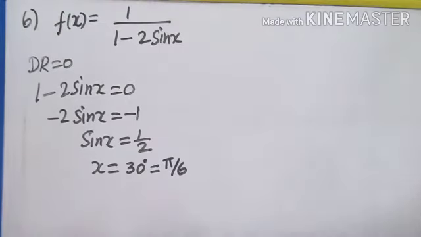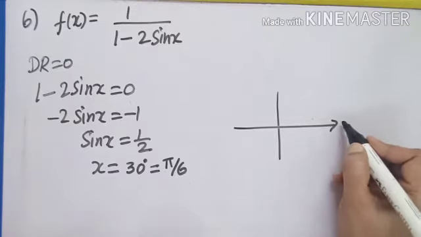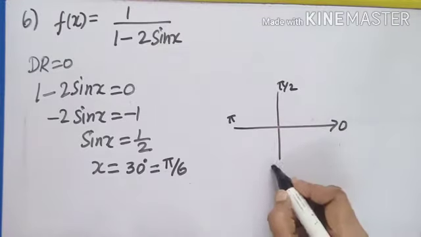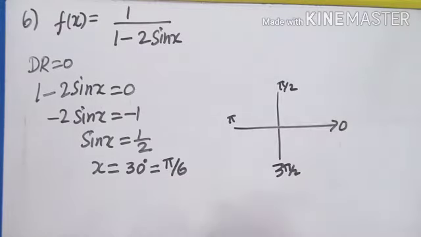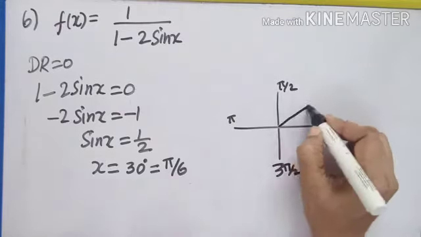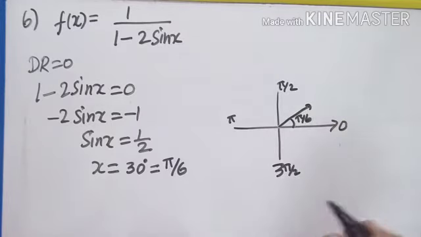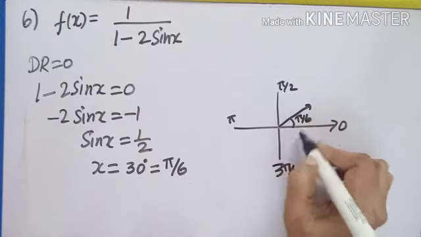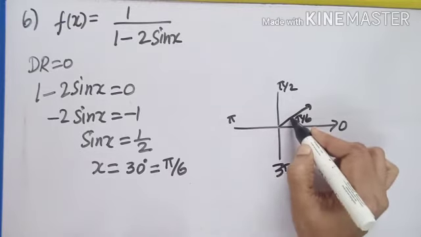Now see, this is our angle system. 0, 90, 2 times 90, 3 times 90 and 4 times. It goes on and on. Pi by 6 is an angle here. Only one time it is pi by 6? No, I can make one round and come back here. These are circular functions. I go around, again I come back.